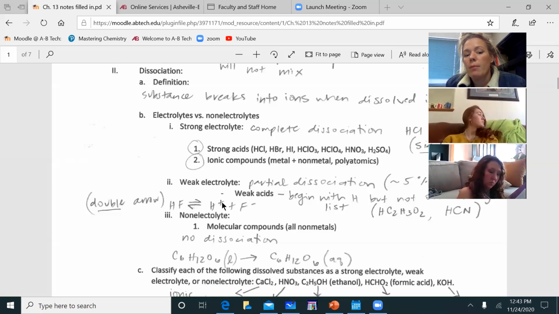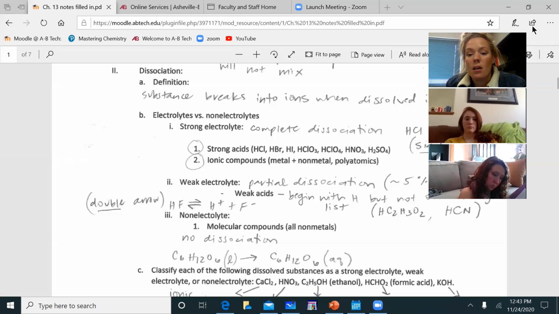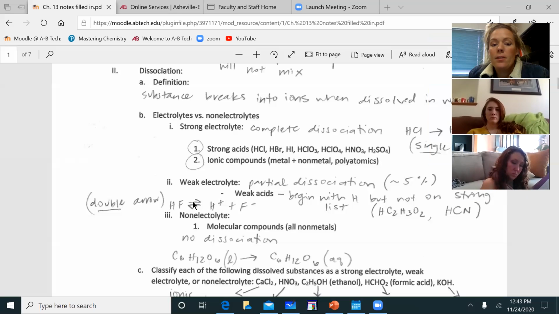It's only when we break them apart into ions that we get the electrolyte property of being able to conduct electricity. The double arrow is a good indicator. It lets you know we are dissociating, and then we are also recombining.